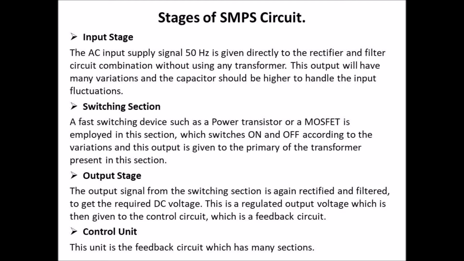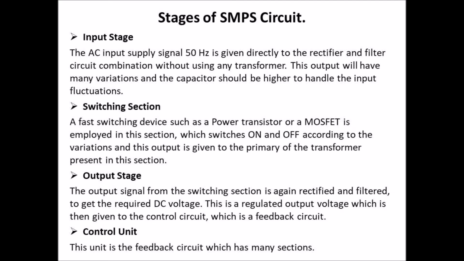Second one, switching section. A fast switching device such as a power transistor or a MOSFET is employed in this section which switches on and off according to the variations, and this output is given to the primary of the transformer present in this section. Third one, output stage.